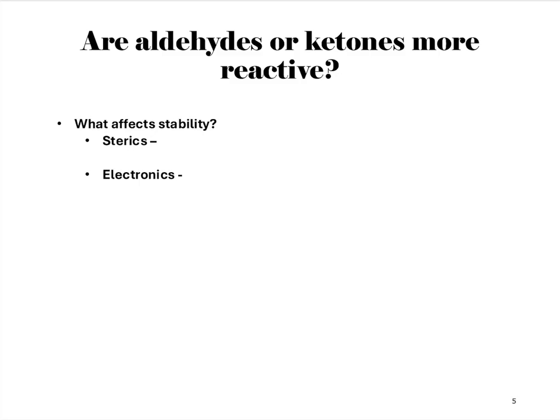Well, things like sterics. We saw that in the aromatics chapter. The sterics, how bulky groups are can affect stability. So if something's bulky, it's going to be less stable to form a bond with that atom or molecule, because the sterics are going to basically strain the structure.